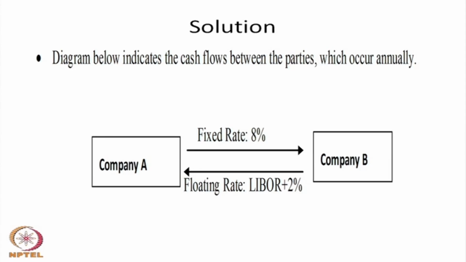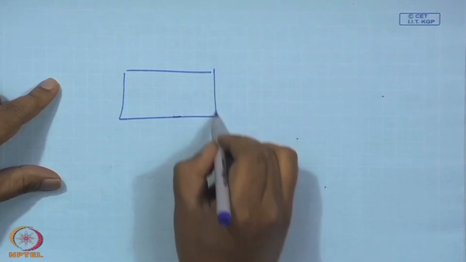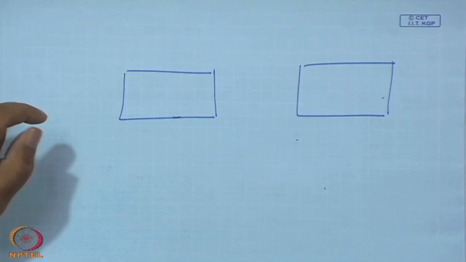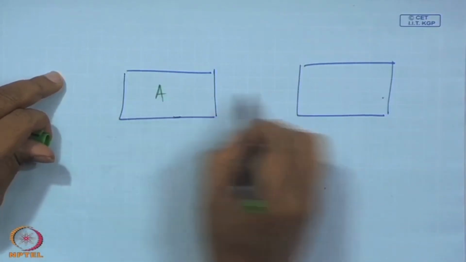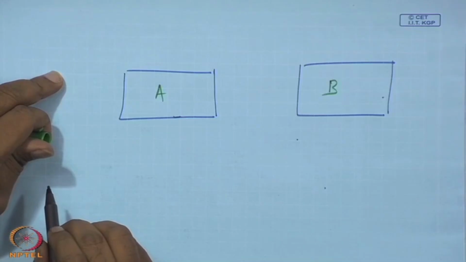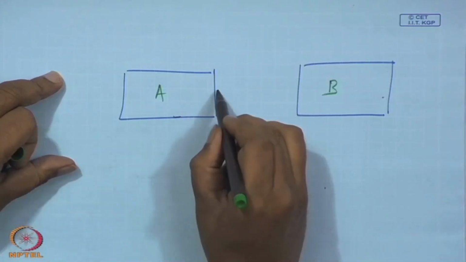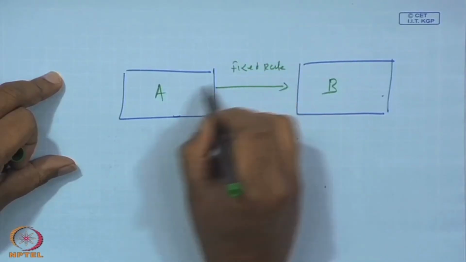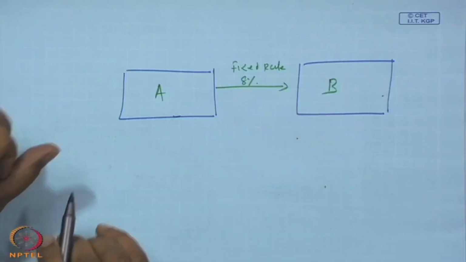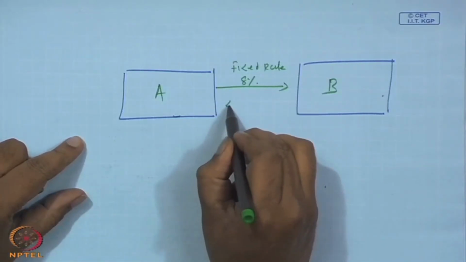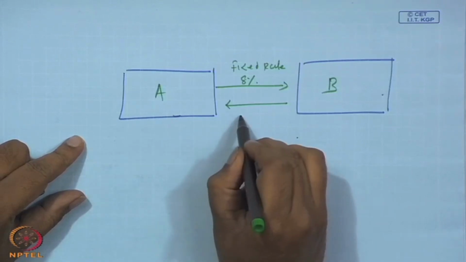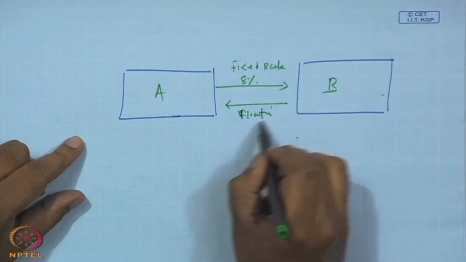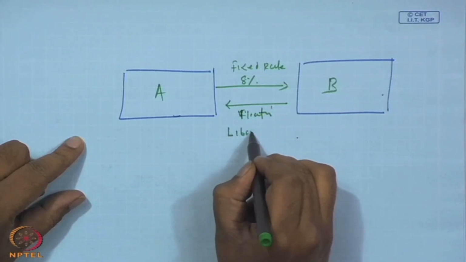The transaction diagram is: here company A and company B. We have two companies, A and B. Company A provides a fixed interest rate to B, the fixed rate is 8%, and company B gives to A a variable or floating interest rate, LIBOR plus 2%.